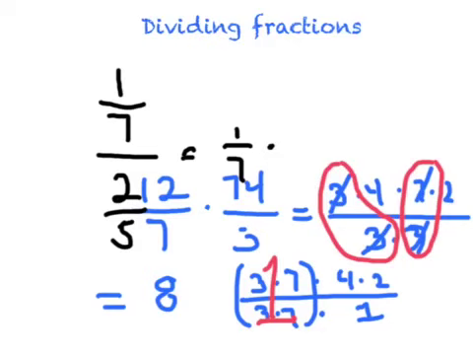What is the reciprocal of 2/5? The reciprocal of 2/5 is 5/2. So now, we still remember how to multiply two fractions together. You multiply numerators and denominators. The answer here is 5/14.